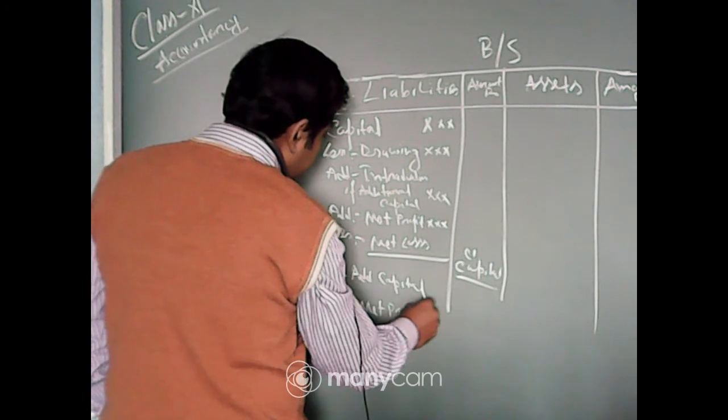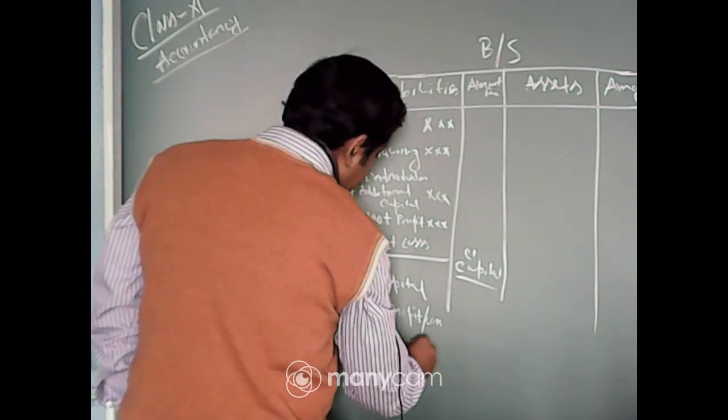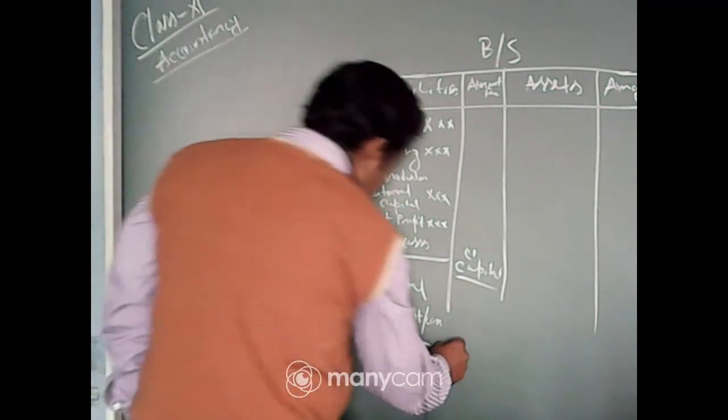If there is a profit we add, if there is a loss we subtract. After that, what comes is the closing capital.